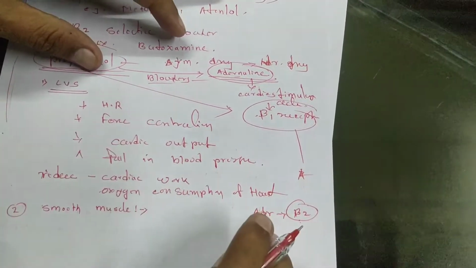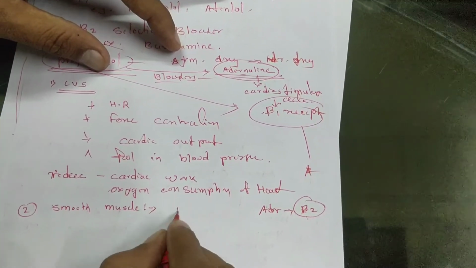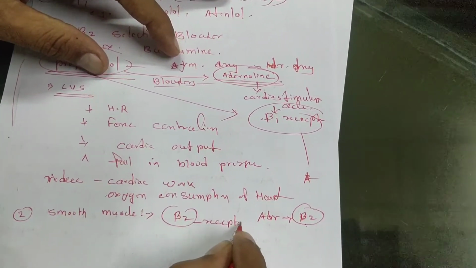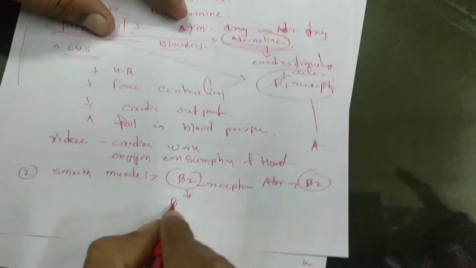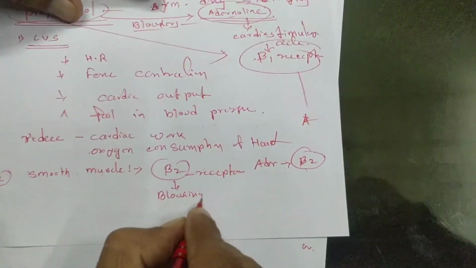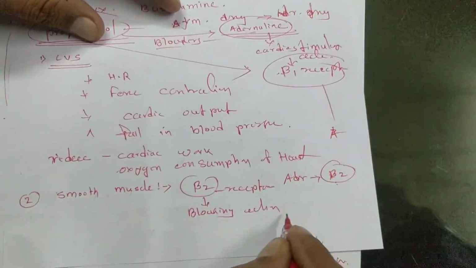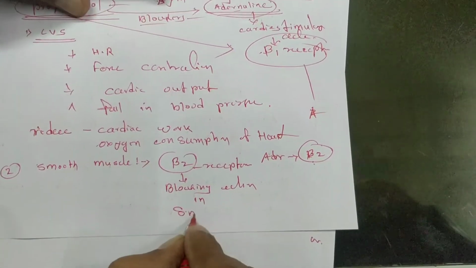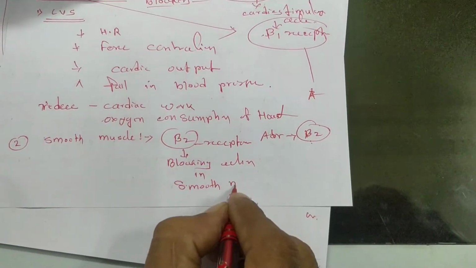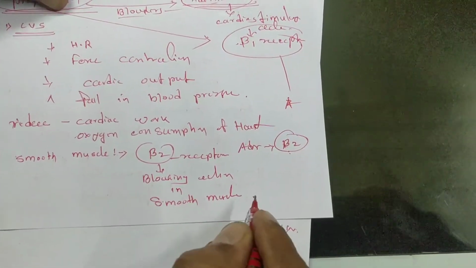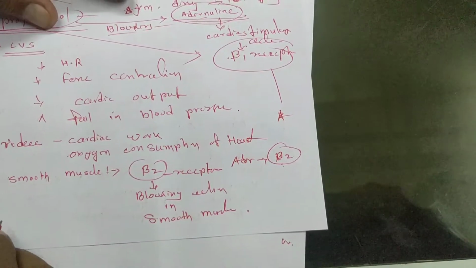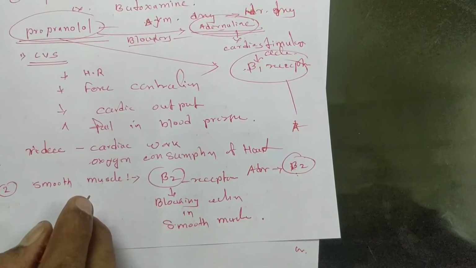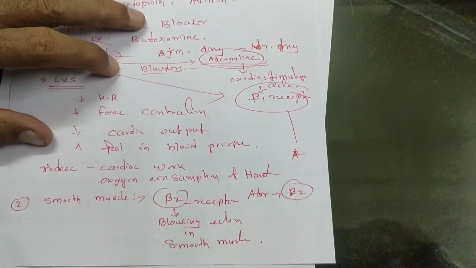Now propranolol blocks the beta 2 receptors in smooth muscles, including bronchial smooth muscle, and relaxes the uterus.